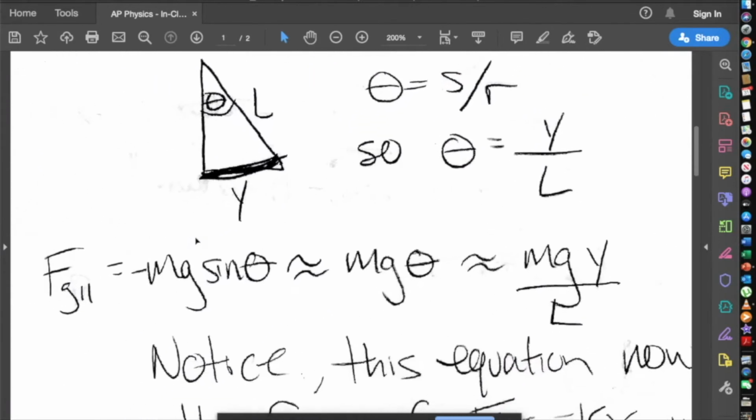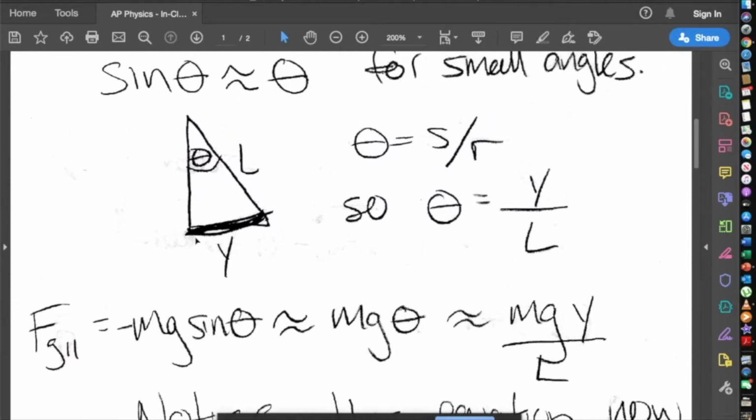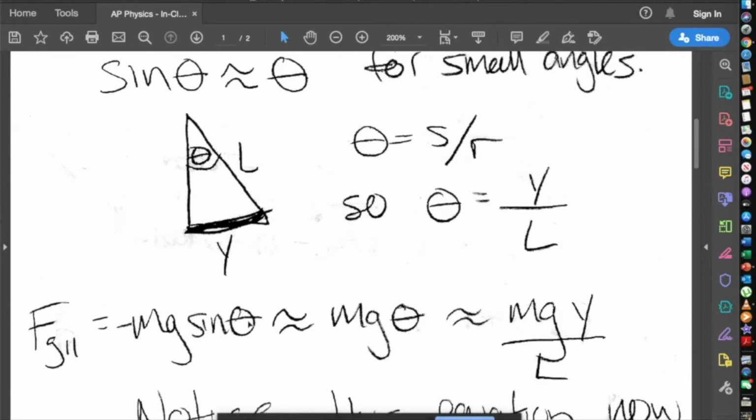When we do that, we can rewrite negative mg sine theta as approximately mg theta, and using sine as opposite y over hypotenuse L, we can rewrite that as mg y over L. Now there should be negative signs here. You would never ordinarily see this in class. These are from my own notes, and I dropped the negative. There should be a negative there.